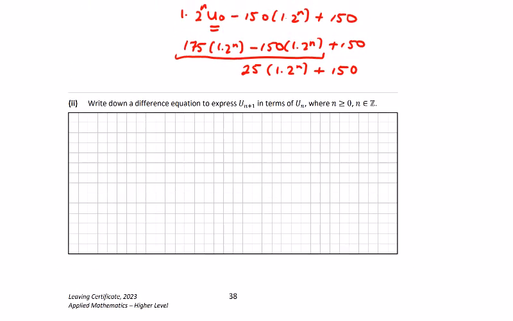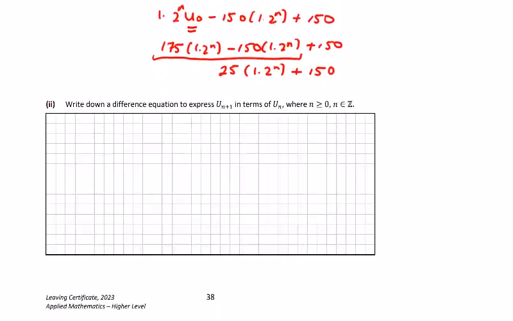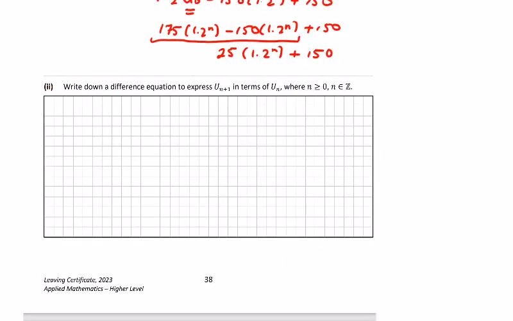So let's stick that back into my difference equation. 25 times 1.2 to the power of 12 plus 150. And that gives 373 rounded. So that's the end of this question.